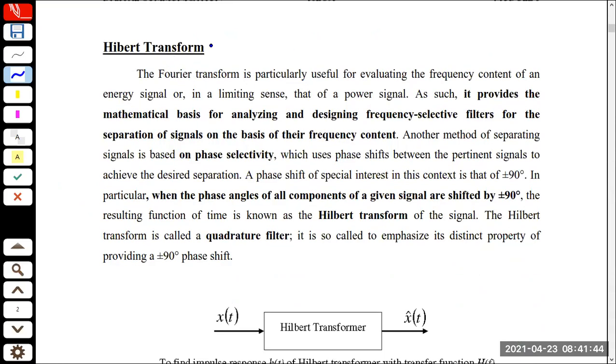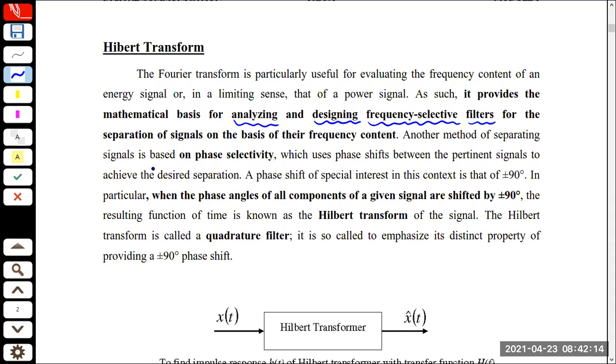So let's see what Hilbert transform is all about. The Fourier transform is particularly useful for evaluating the frequency content of an energy signal, or in a limiting case that of a power signal. As such, it provides a mathematical basis for analyzing and designing frequency selective filters for separation of signals on the basis of their frequency content.